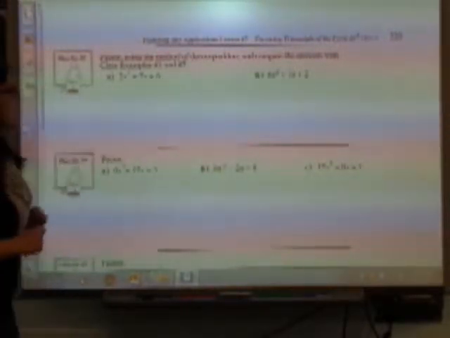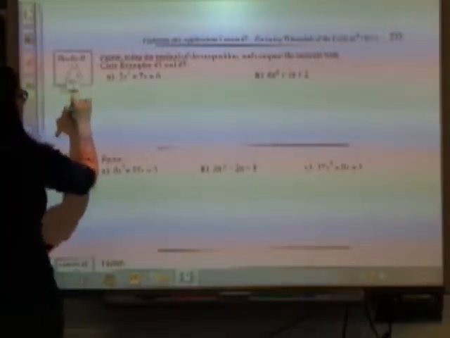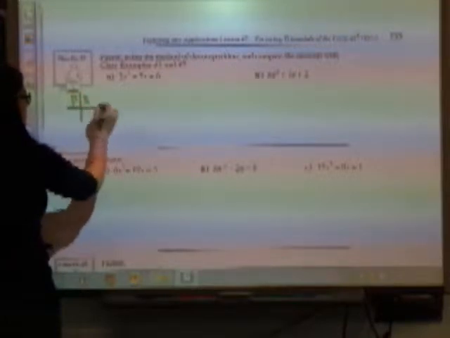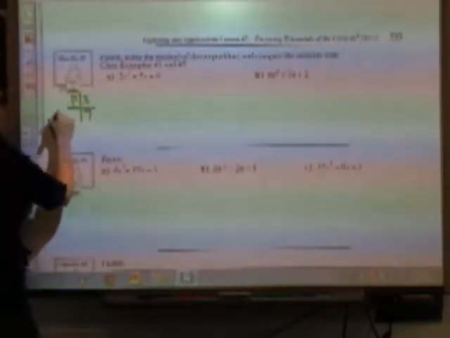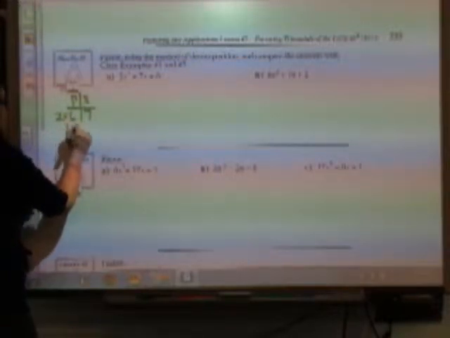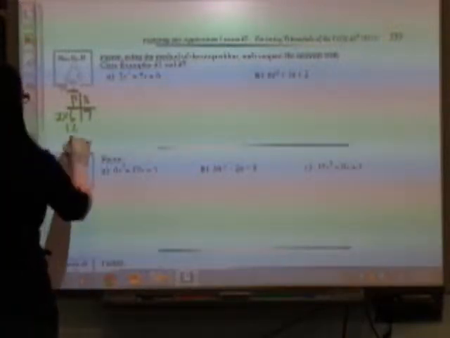So with 3A, if I look at my product and sum chart to do decomposition, my sum is 7, and my product becomes 2 times 6, which is 12. So I need two numbers that multiply to 12 and add to 7: 3 and 4.